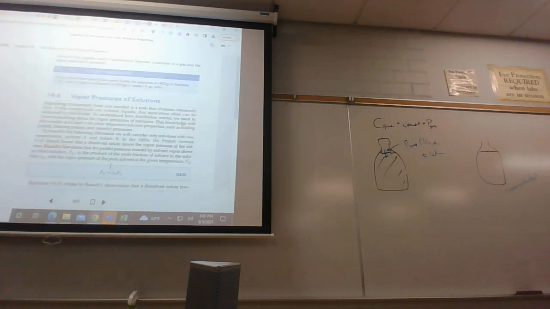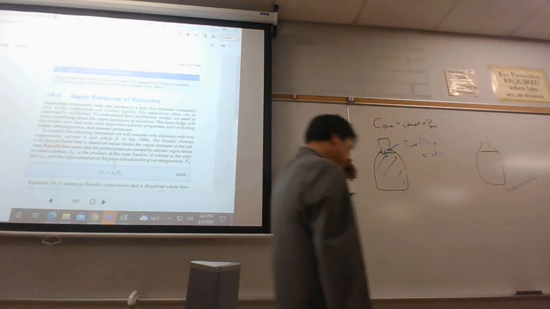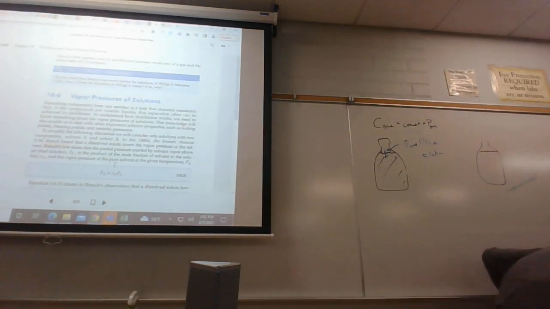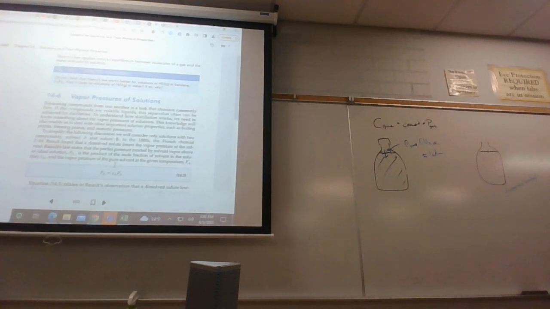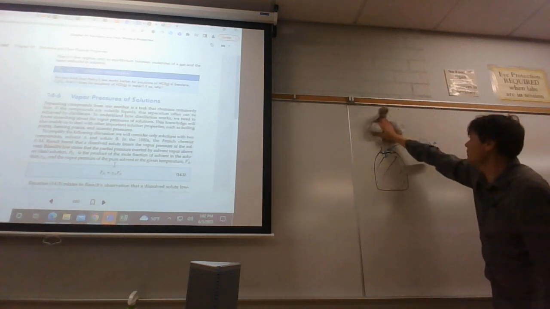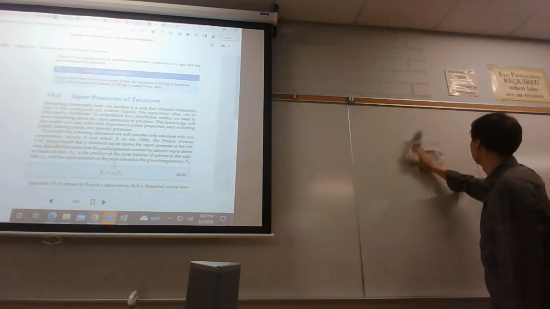Okay, 14.6 is the start of colligative properties. So let's take a look. The colligative properties are a collection of properties that all kind of depend on the same thing.